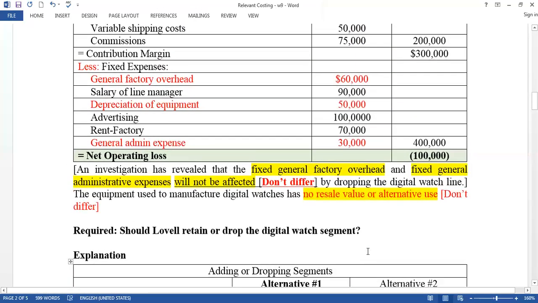So according to this question, 100% of general factory overhead, 100% of depreciation, and 100% of general admin overhead.